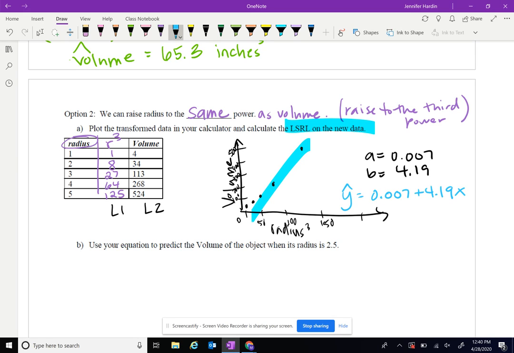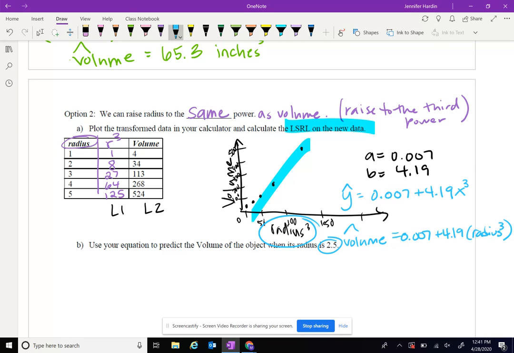Okay. But you have to be careful about what x and y are relating to now. So here, I don't really have x, I have x cubed. All right. So we are predicting volume this time, but what we have to plug into it is the radius cubed.